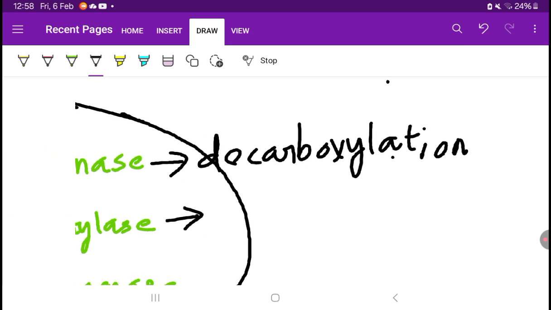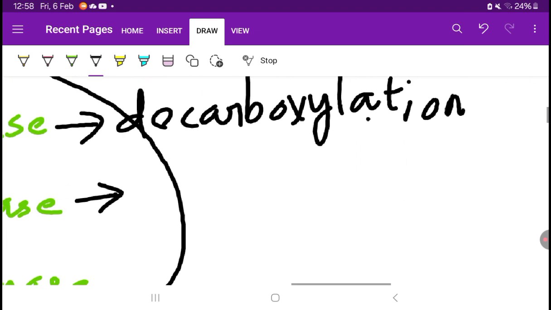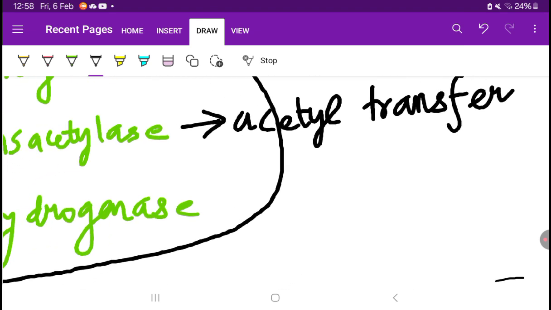E2's function, from the name transacetylase, means acetyl transfer.